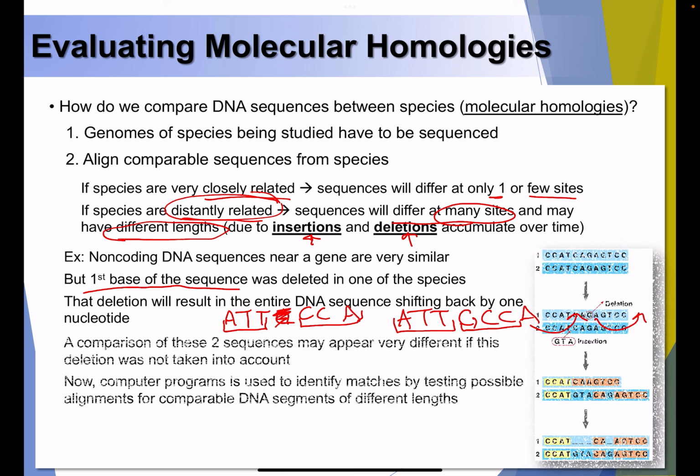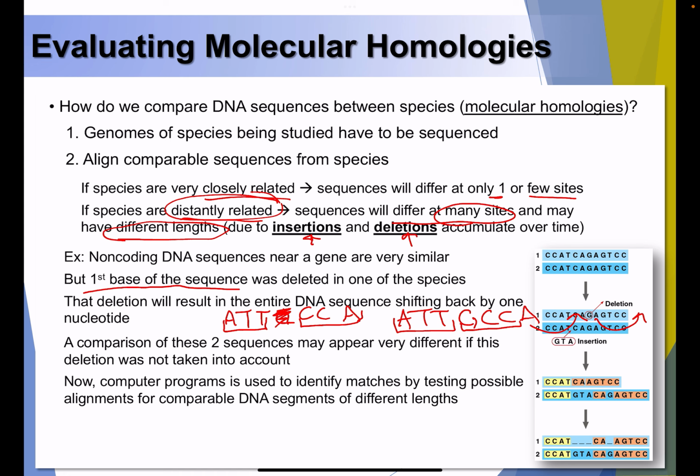Okay, all right, so when you're comparing these two sequences, they may appear very different after a deletion, because you deleted a letter, everything shifted back, and you have different lengths of DNA, so they may actually look very different to us by eye if we're just looking at these letters. Nowadays, there are computer programs used to identify matches by testing possible alignments for comparable DNA segments of different lengths.